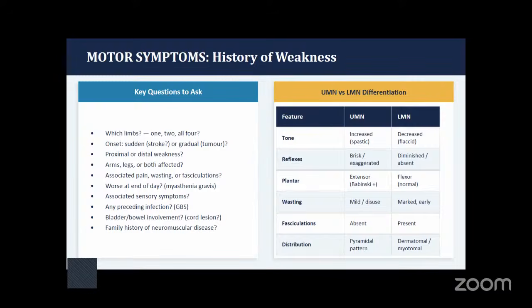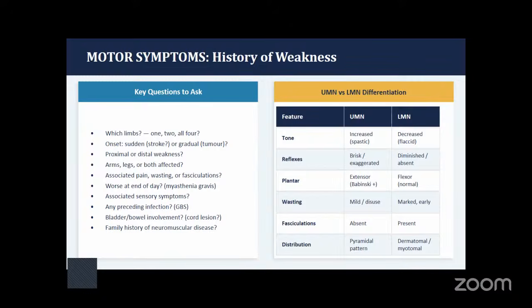Then are there any important positives or negatives in this case? For instance, preceding infections, that is upper respiratory tract infections, gastroenteritis, periods of diarrhea within the last month or so. Then, for a patient who has incontinence, we want to ask them whether there is bladder or bowel incontinence.